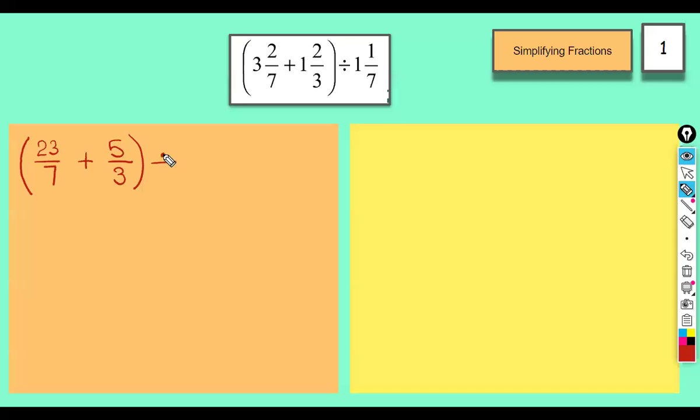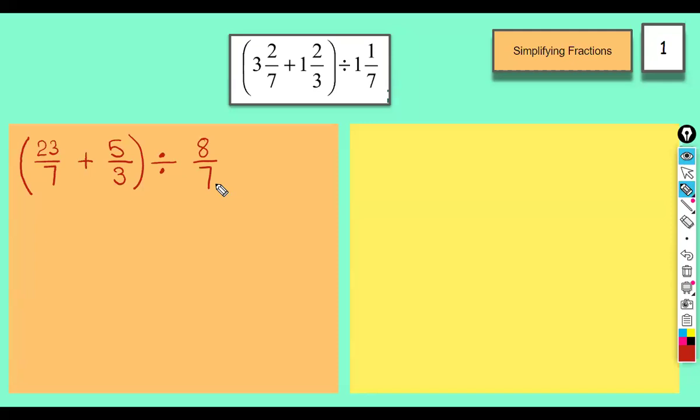Then 1 by 7 is 7, plus 1 is 8. So we get 8 over 7. How many people had up to there? Easy so far, right? Easy, easy, easy so far.